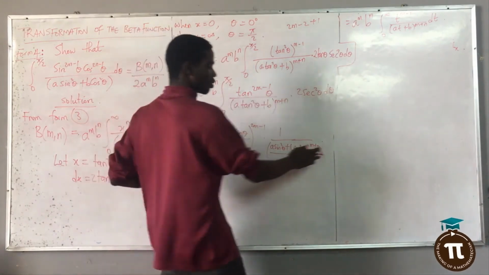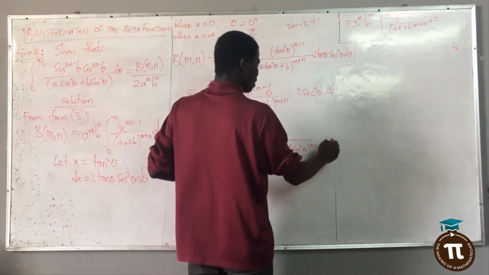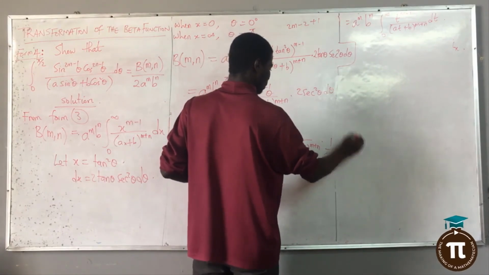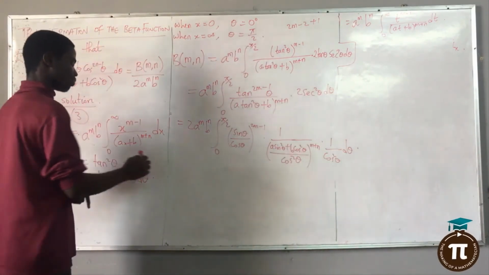Then sec is 1 over cos, obviously. That is multiplied by 1 over cos squared theta, d theta. So that is what will happen.